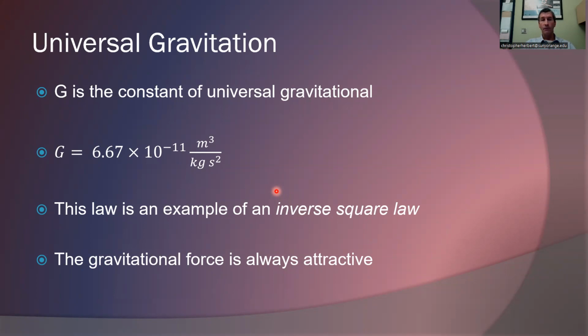And for the force of gravity, it's always an attractive force, meaning that we have no reason to believe that there's ever a situation where we have anti-gravity, where masses would repel one another. Even antimatter will have a positive mass and therefore will experience a positive force.